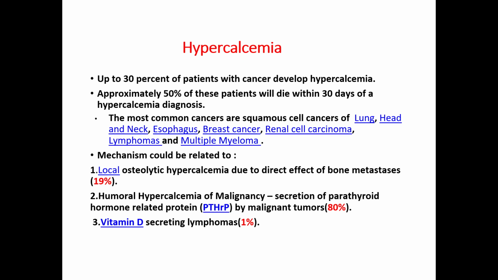The commonest one is humoral hypercalcemia of malignancy, where there is a secretion of a parathyroid hormone-related protein by malignant tumors, and this comprises around 80%.